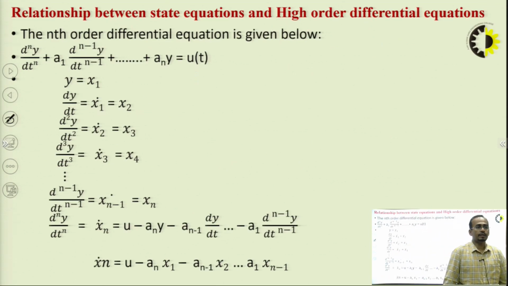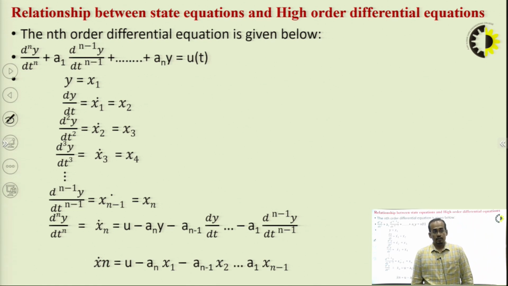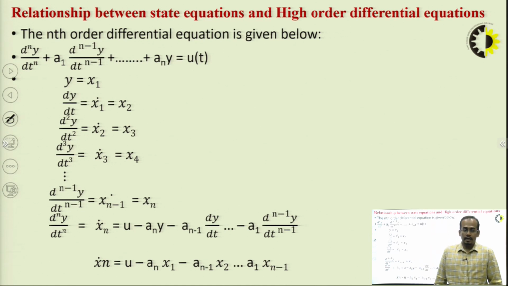Now what is the relation between the state equation and a higher order differential equation? If this is a differential equation of nth order, you can write d to the power n y by dt to the power n plus a1 d to the power n minus 1 y by dt to the power n minus 1, up to an y, is equal to u(t). The number of nodes will be n, so you consider n nodes.